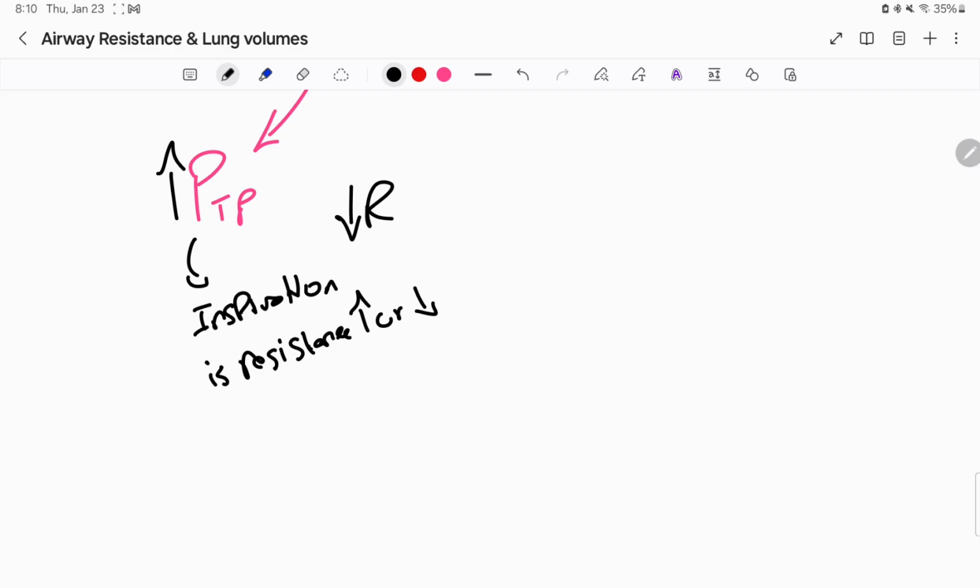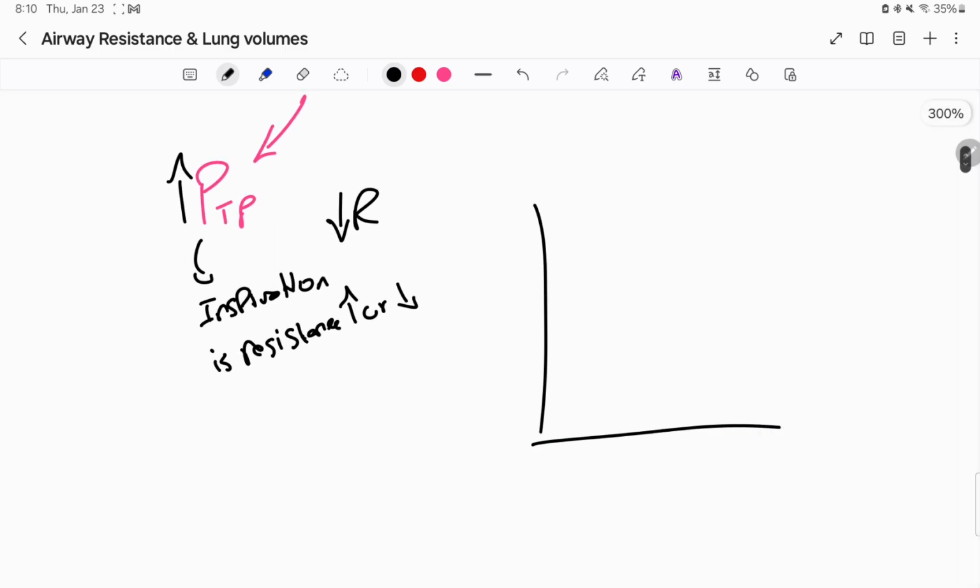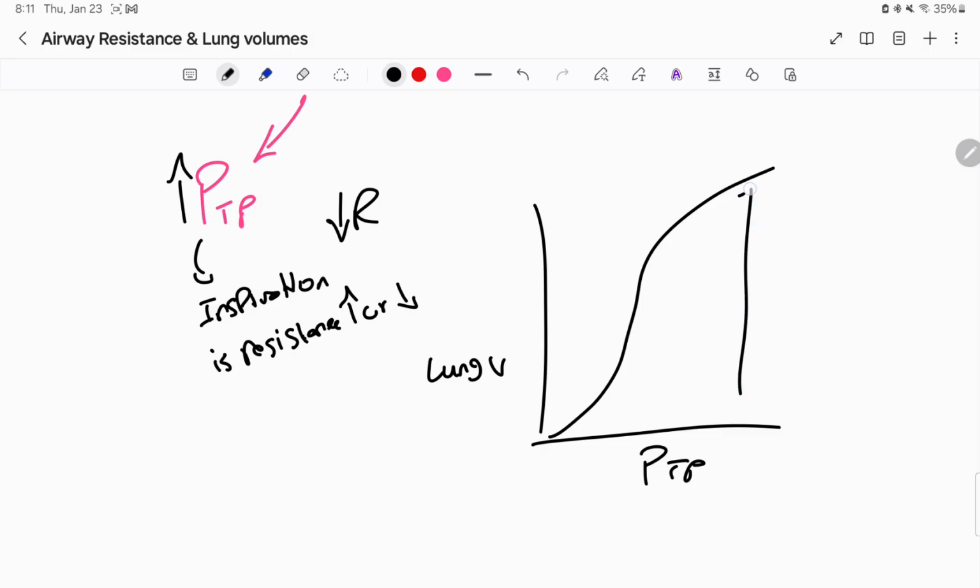But it's not always that simple. If you go back to that compliance curve where we had the lung volume here and the transpulmonary pressure here, you would notice that it was kind of like a sigmoidal curve. So at certain times, the lung is going to be more compliant than others. The lung's compliant here, but it's not very compliant here or here.